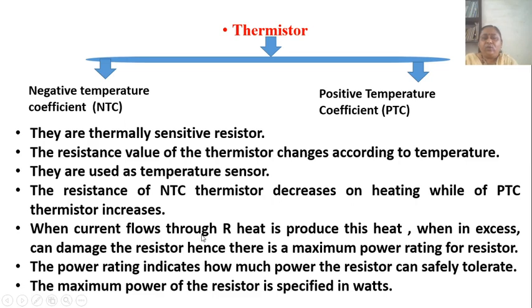When current flows through R, heat is produced. This heat, when in excess, can damage the resistor. Hence there is a maximum power rating for a resistor. The power rating indicates how much power the resistor can safely tolerate. The maximum power of the resistor is specified in watts.